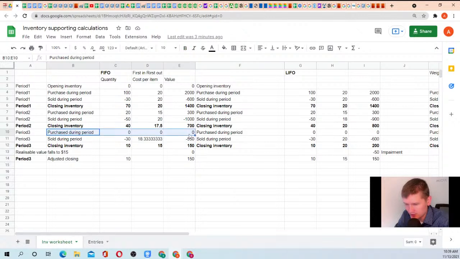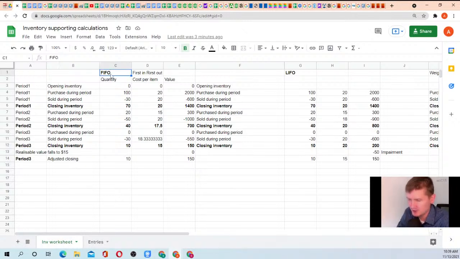You have some purchases during the period which you recorded again according to the inventory standard. And then your cost of sales will be whatever amount will balance all of that. So that's what they meant when they say that to calculate cost of sales, you need to apply other accounting standards. For example, the one on the inventory.